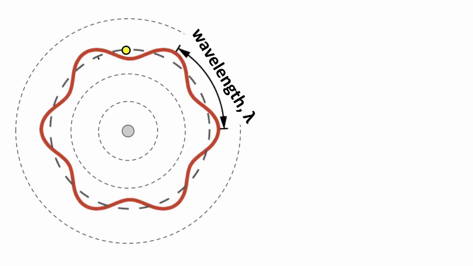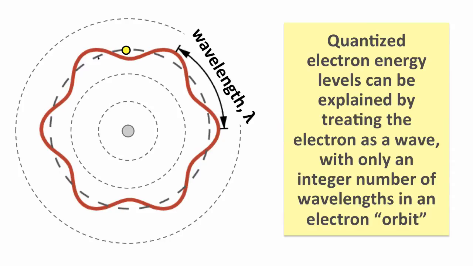And it hinges upon the assumption, or postulate, made by Niels Bohr, which was that these energy levels for electrons can be explained if we treat the electron as not just a particle, but as a wave. And if we say that each energy level has a discrete number of electron wavelengths, a specific number that fit in that orbit.